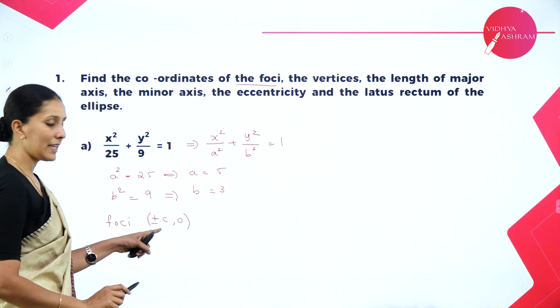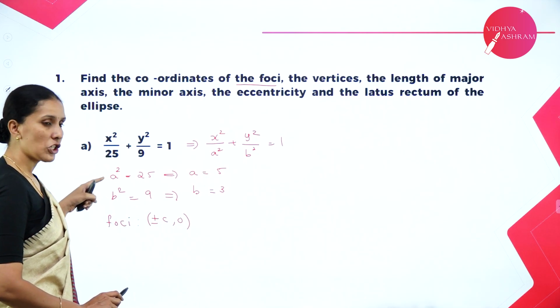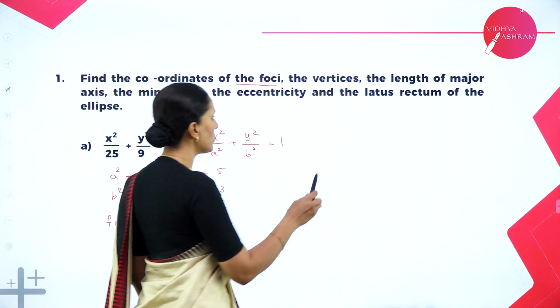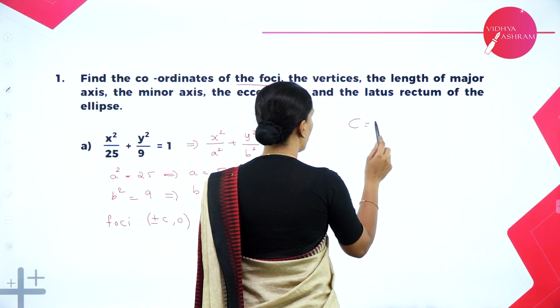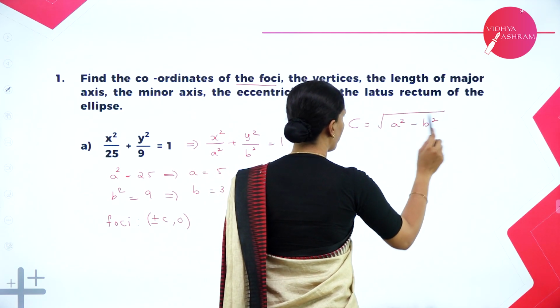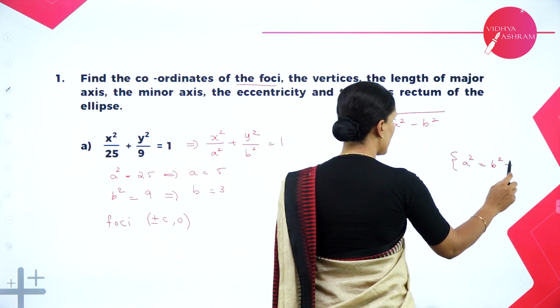But we don't have c here. We have a relation between the semi-major axis, semi-minor axis and the distance of a focus from the center, which is given by c is equal to root of a square minus b square. The general equation is a square is equal to b square plus c square.